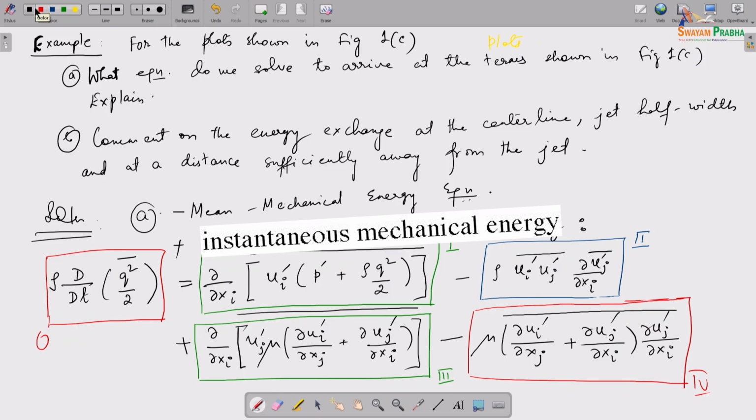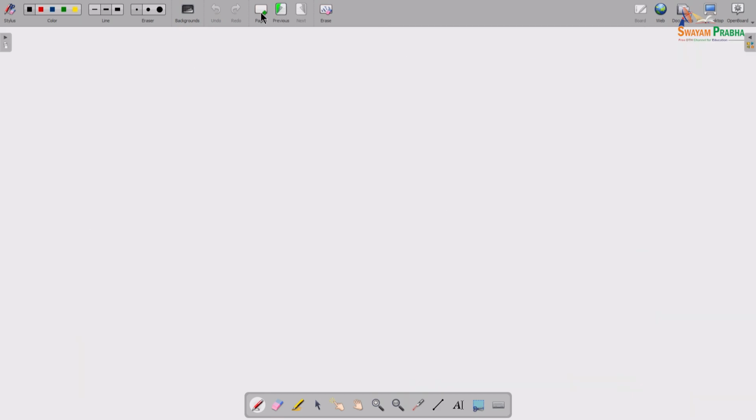So this is something that we've done earlier, but I'm reminding ourselves. Then, what do these terms mean? We basically subtracted the mean mechanical energy equation from the instantaneous mean mechanical energy equation, and this is what we get. This is the left-hand side, the rate of change of mean turbulent KE.